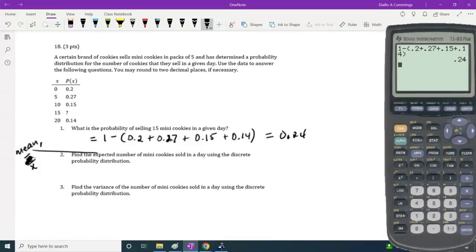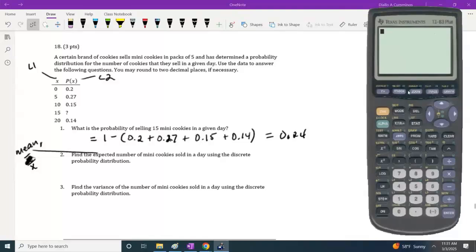That's supposed to be X bar. We're going to find the mean in the same way we found the mean in that previous probability distribution problem. We're going to put in the random variable as list 1, the probability as list 2, and use the 1 variable statistic.